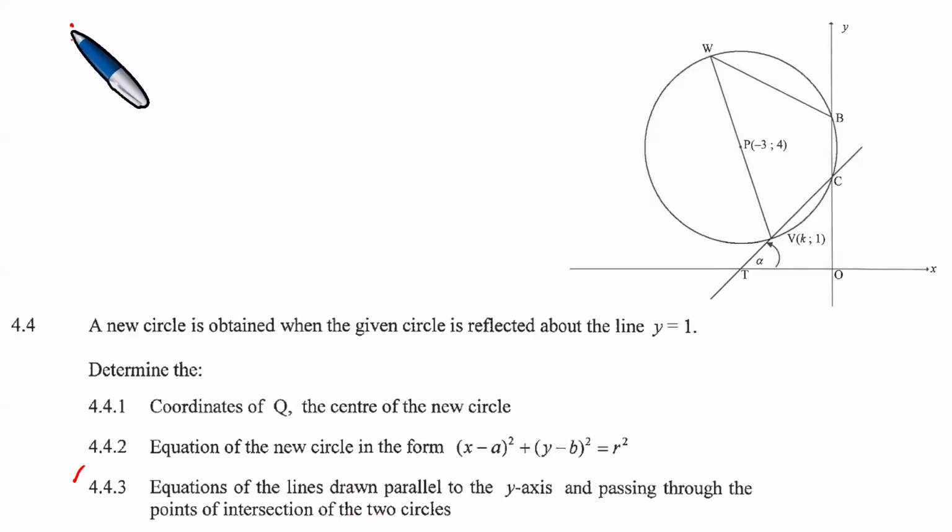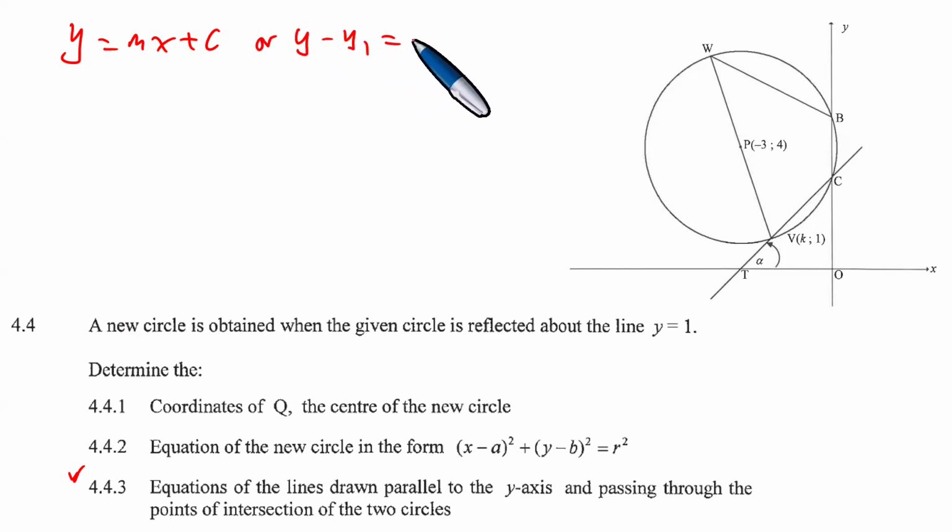Equations of the lines are given by y equals mx plus c. That is the formula for the equation of a line. Or you can say y minus y1 equals m into x minus x1. This is the equation of a line.